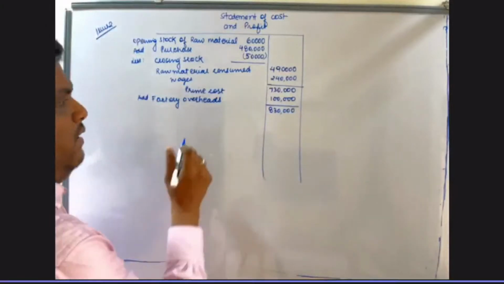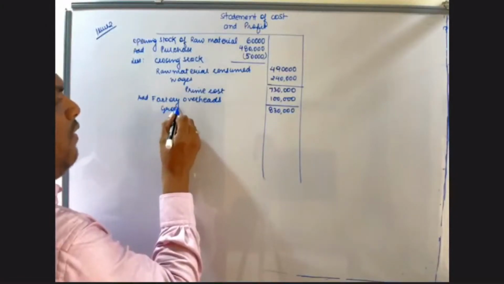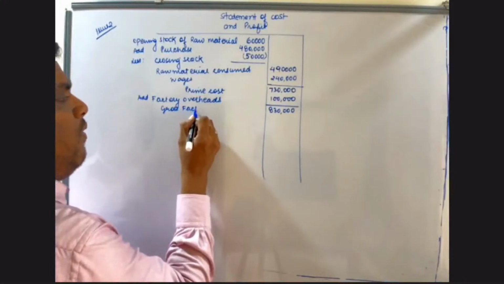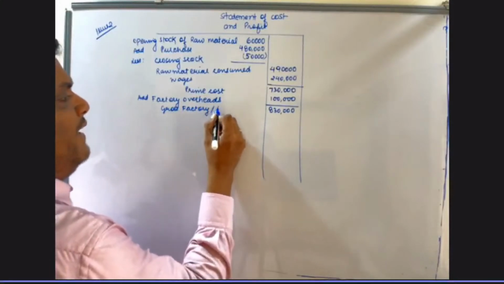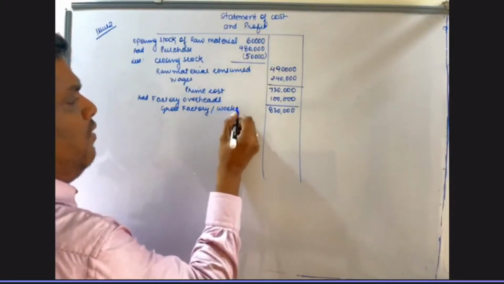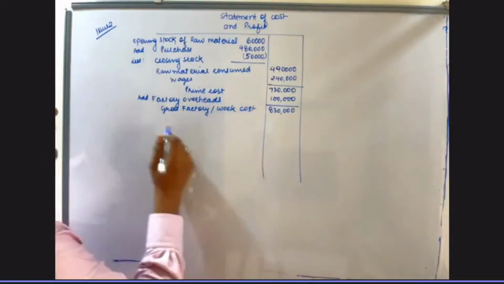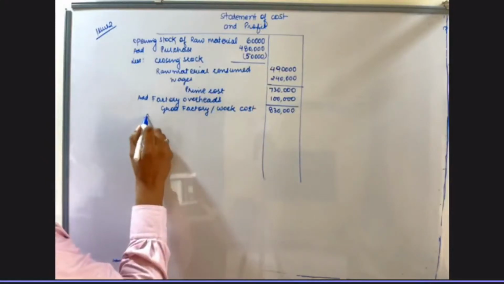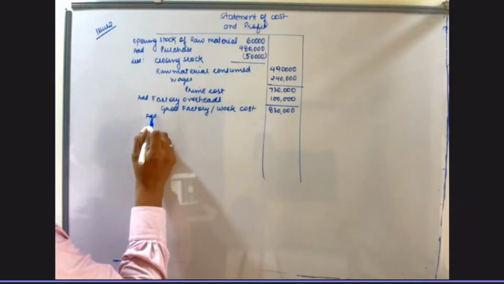Now this is gross factory or works cost. In this, we will make adjustments of opening and closing stock of work in progress.